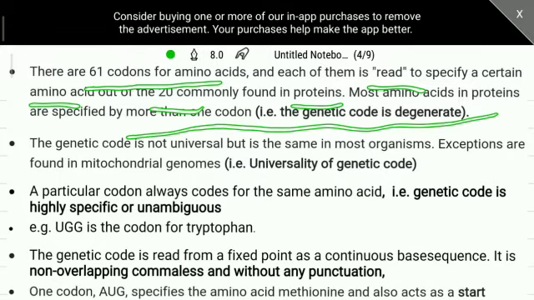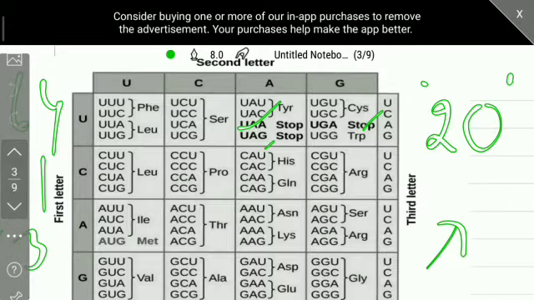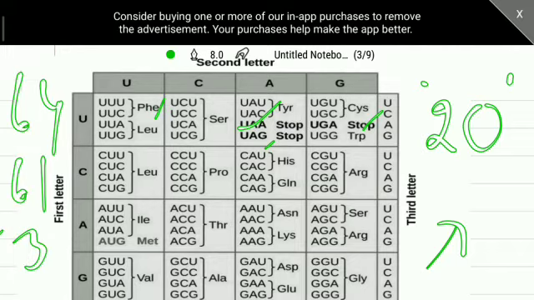That is what we mean when we say the genetic code is degenerate. Let us see how. Most amino acids in proteins are specified by more than one codon. Let us look at the table of the genetic code. For example, phenylalanine, the first one: how many codons? 2 codons.